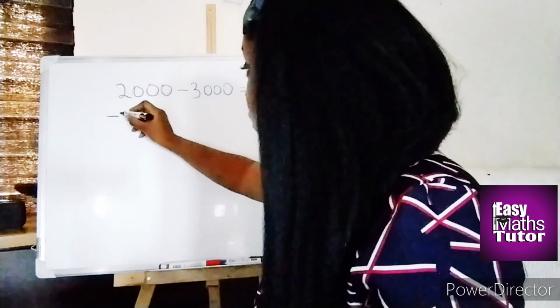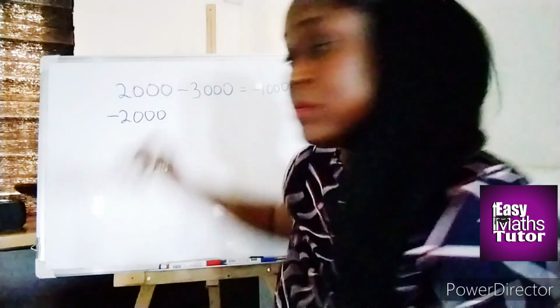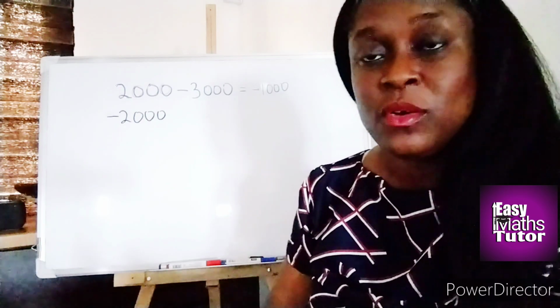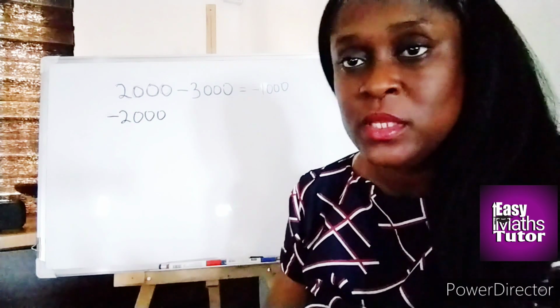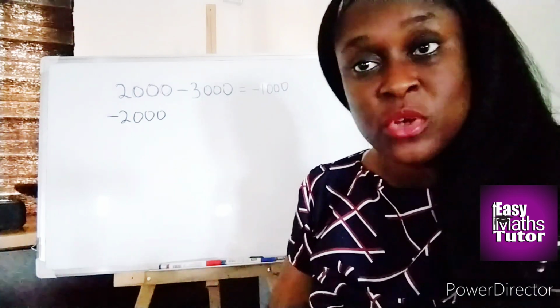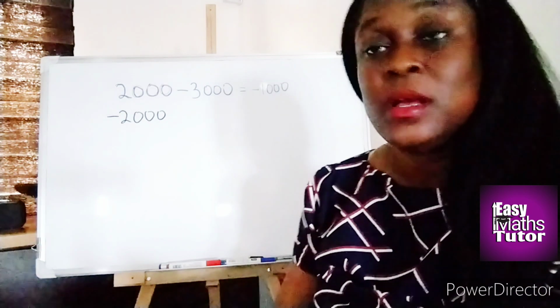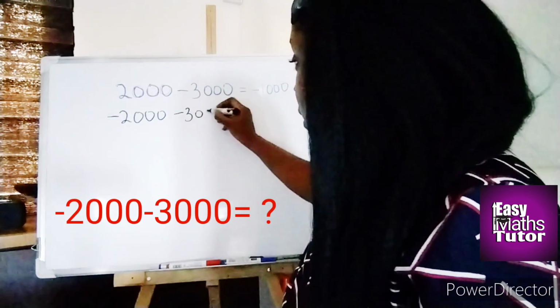You're owing the shop 2,000 naira. And then you have to do your hair urgently. You have to get something urgently from the shop, and you do not have money. And when you go to the shop, you end up being charged 3,000 naira.